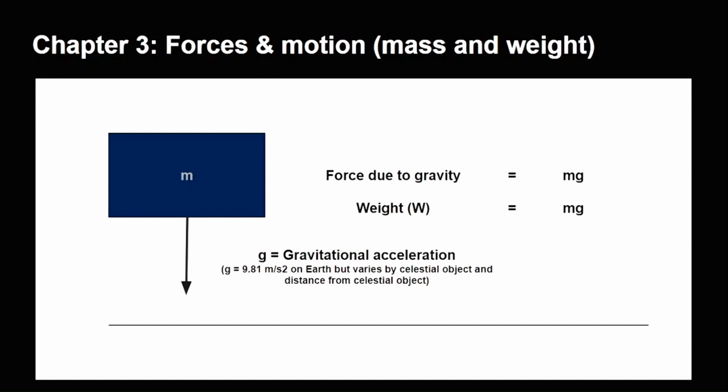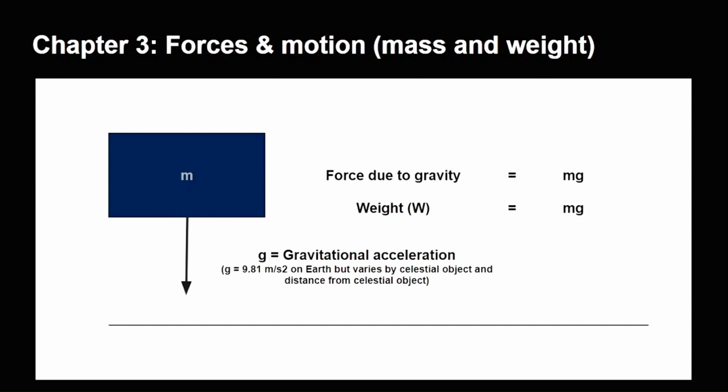So the key thing to remember is that mass is the amount of substance something has. It's measured in kilograms. Weight, on the other hand, is the force of gravity acting on the mass of the object, right?